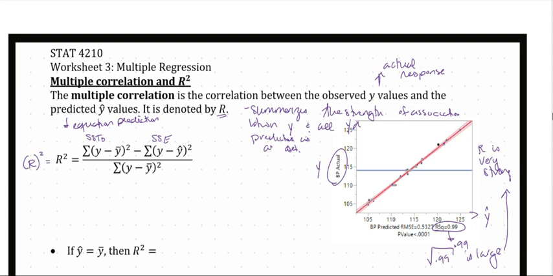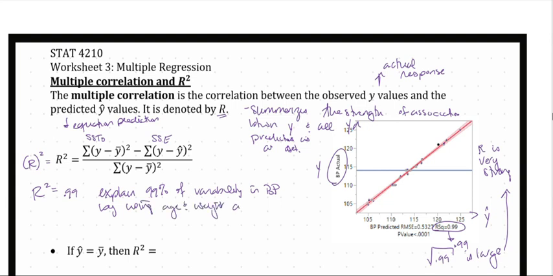So let's interpret this R squared for the blood pressure data. R squared here is 0.99. That means we explain 99% of the variability in blood pressure by using age and weight as predictors.